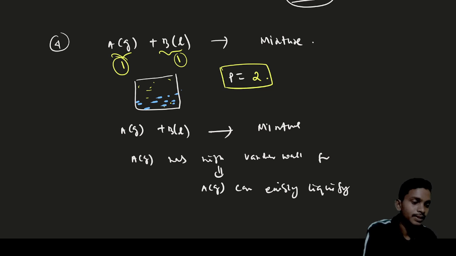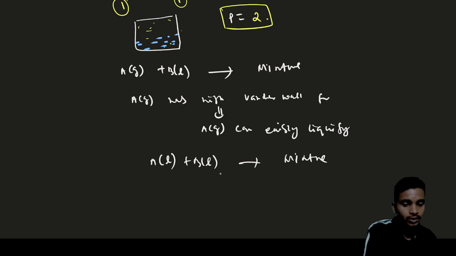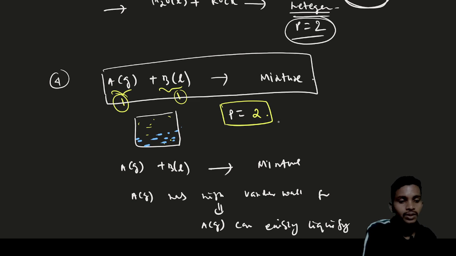Easily liquefy means this A gas will convert into liquid and B is also liquid. So for that mixture, if two liquids are homogeneous, then the mixture will give pH equal to 1. Okay, so if he does not mention anything, then we say that pH is 2.